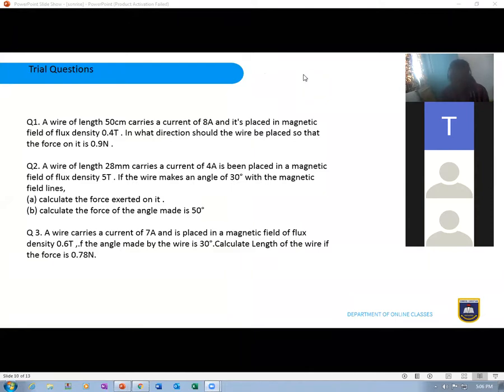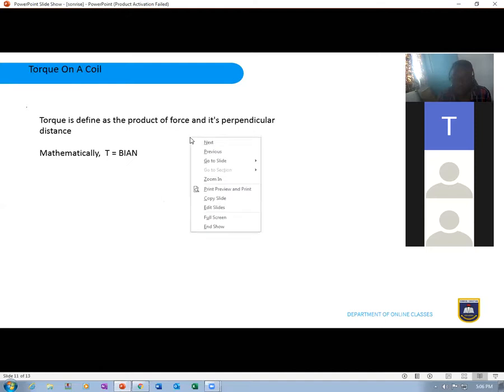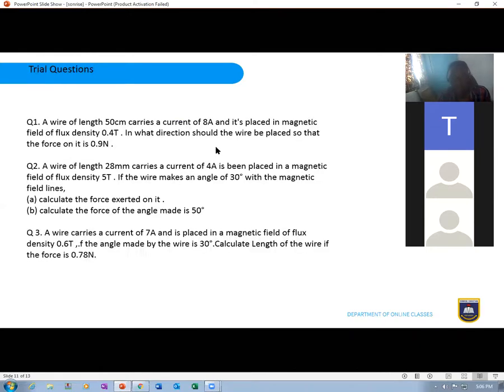Okay. The next time we meet, we'll look at torque, the formula for torque, and do some calculations under it. Then we move on from there.